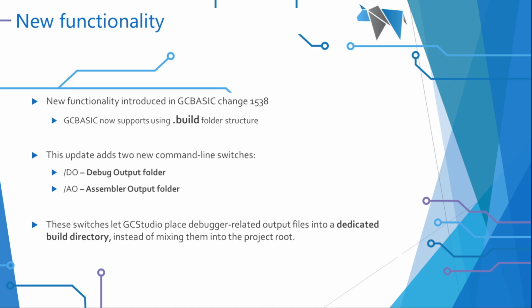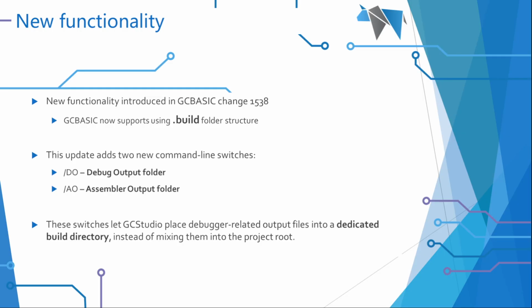So what's the change? There are two command line switches added to the compiler, /do and /AO, and they tell the compiler to put the output into a different folder, the .build folder. If you don't use those, nothing happens.